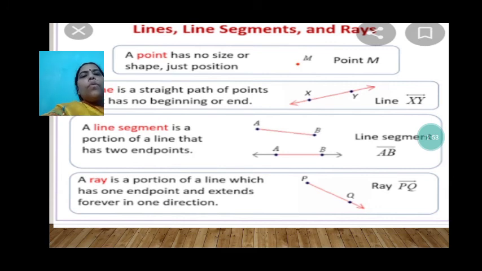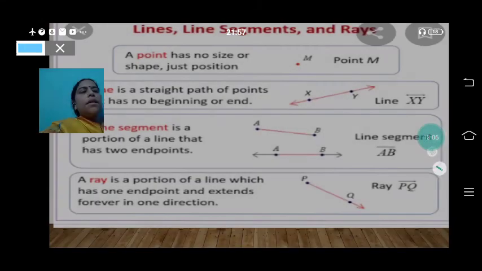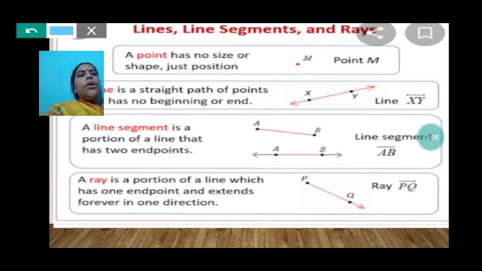Now what is a ray? A ray is a portion of a line which has one endpoint and extends forever in one direction. Again the same thing, let us understand. A ray is a portion of a line which has one endpoint. Here you can see that this is the endpoint, and it is moving on continuously.